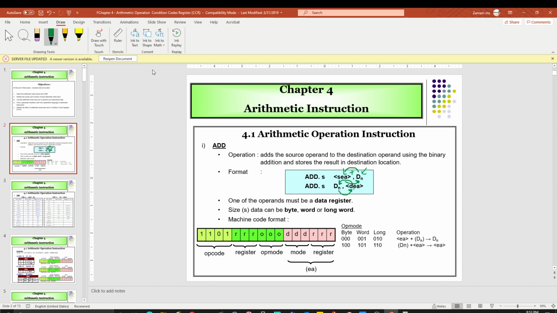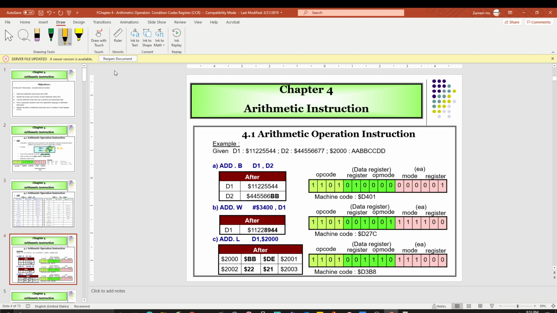One of the operands must be a data register, or both can be, it doesn't matter, as long as one of them is a data register. The size can be byte, word, or long word, and I'm not going to touch the machine format code.